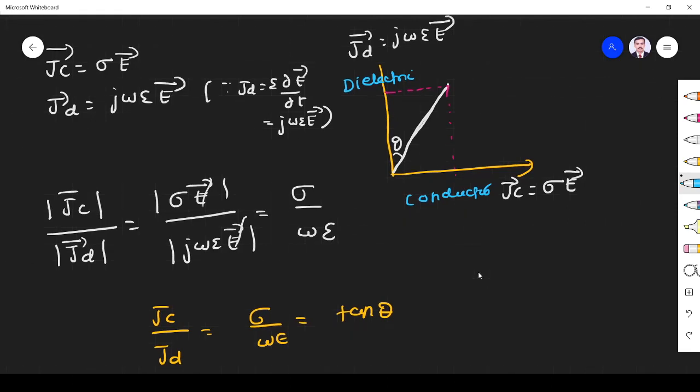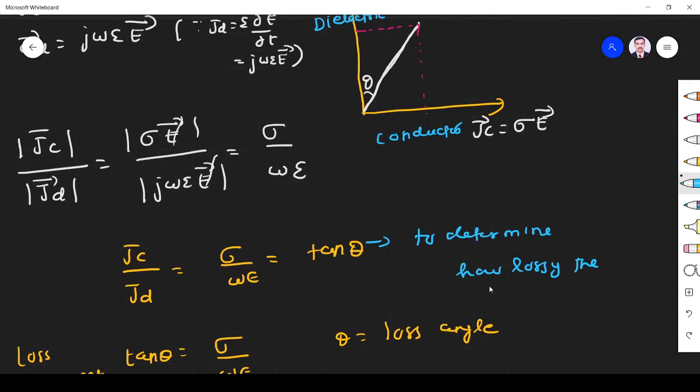So loss tangent is used to determine how lossy the medium is. That is the use of loss tangent.